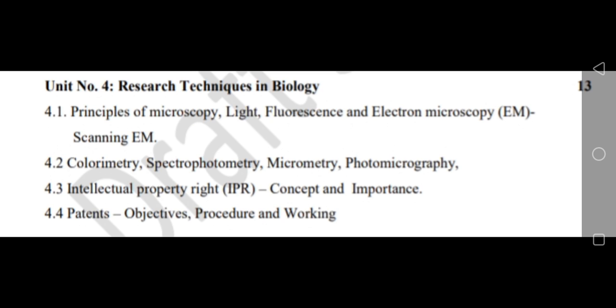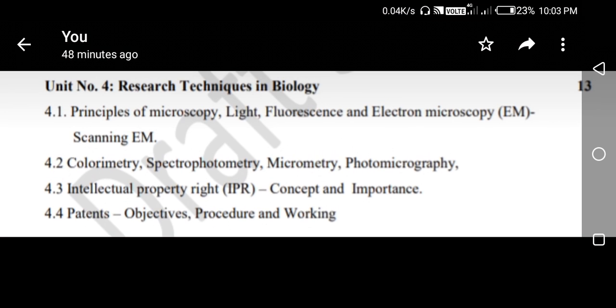So SEM and TEM are the two types of electron microscope. Out of that, the scanning electron microscope we will learn as per the syllabus. Then the principle behind colorimetry, then spectrophotometry, micrometry, photomicrography, we will also learn in this unit.